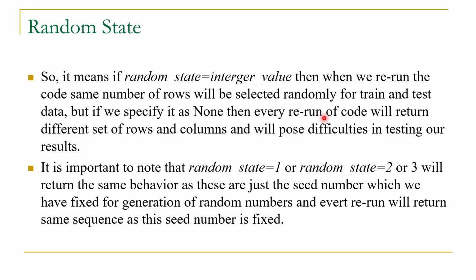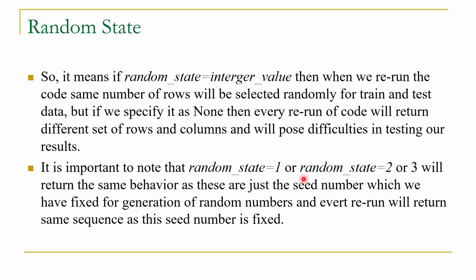But if we set this to None, then every rerun of the code will return a different set of rows for training and testing the data. So in order to test the model, it is important to fix this random_state to an integer value, and it ensures that the same rows will be used in training and testing the dataset for every rerun of the code.